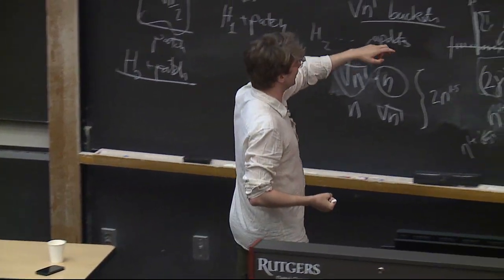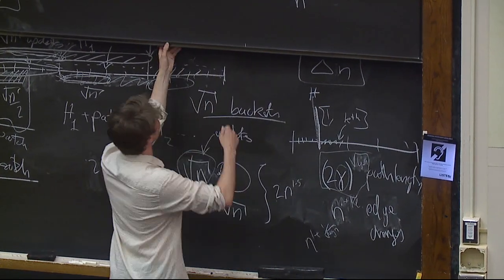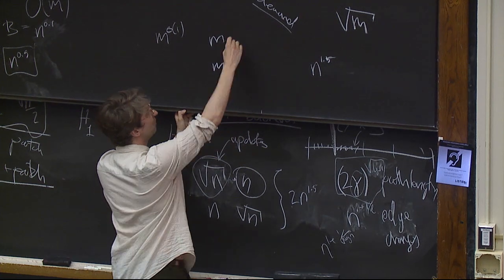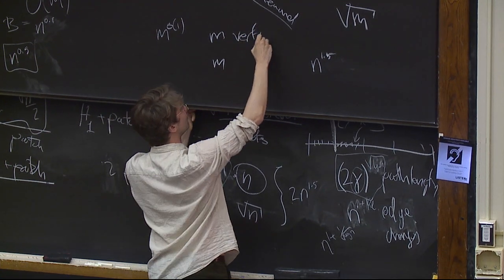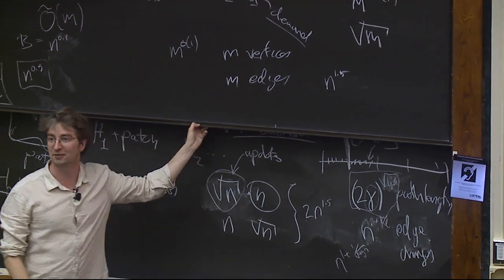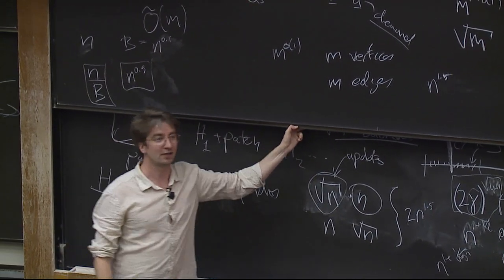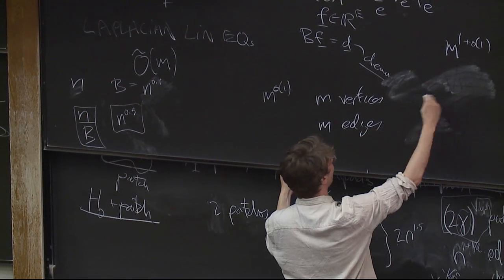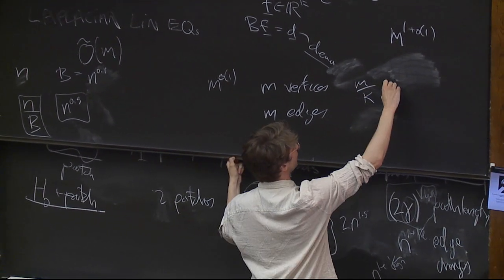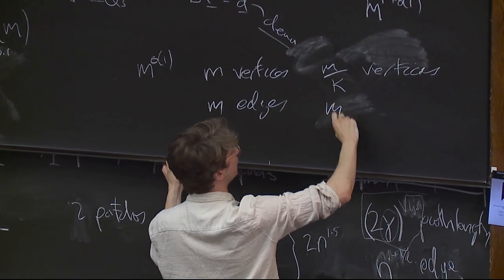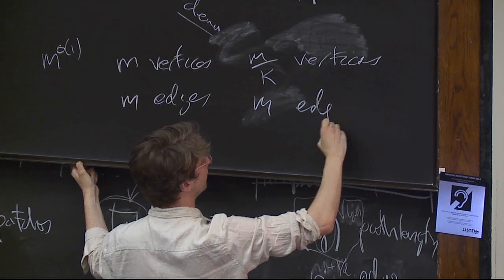So this delta, the average degree, if I started off in an original graph with m vertices and m edges, so I'm not making a mistake here, I'm just saying it was roughly a constant degree graph. Then I did some kind of size contraction by this very large factor k on the number of vertices to get the thing that I now want a spanner of, with still m edges.